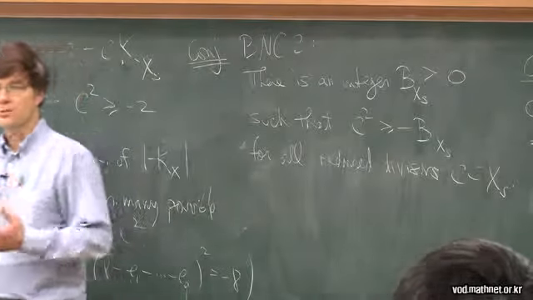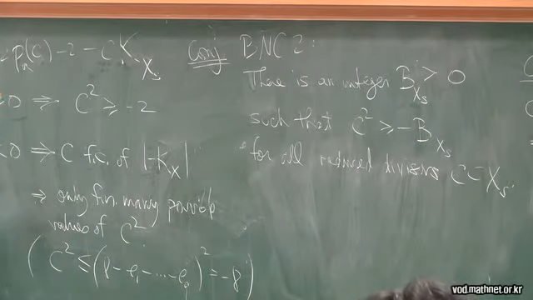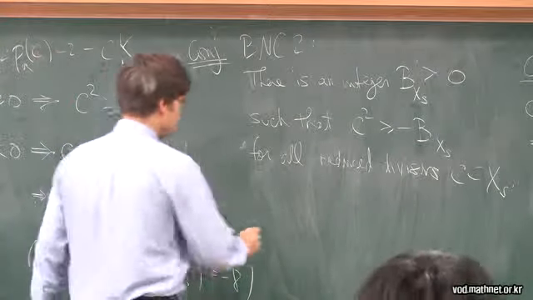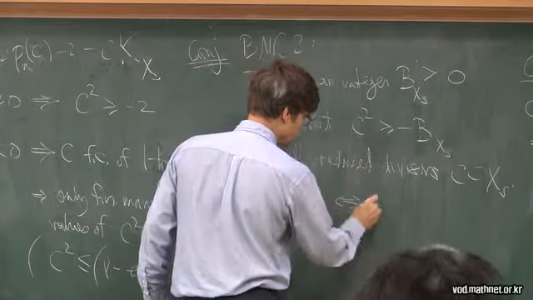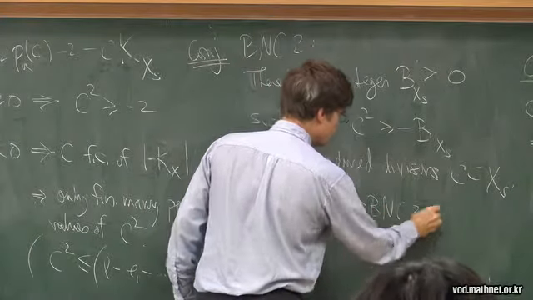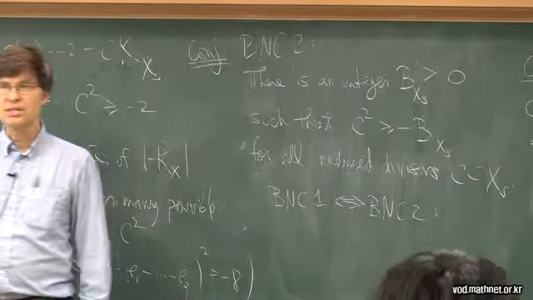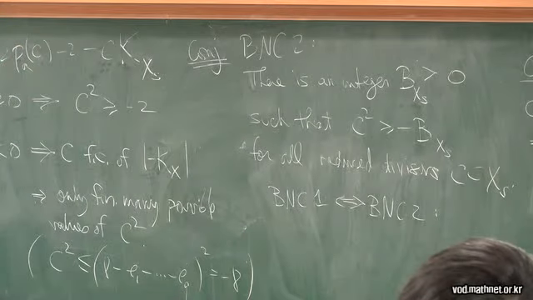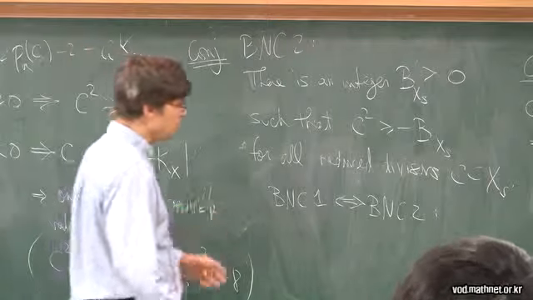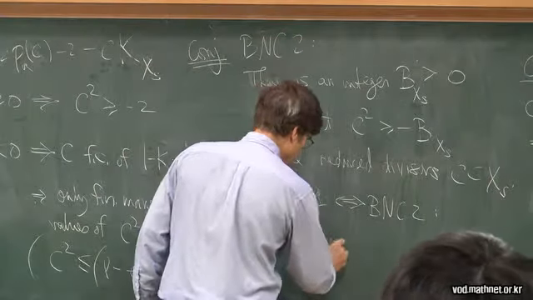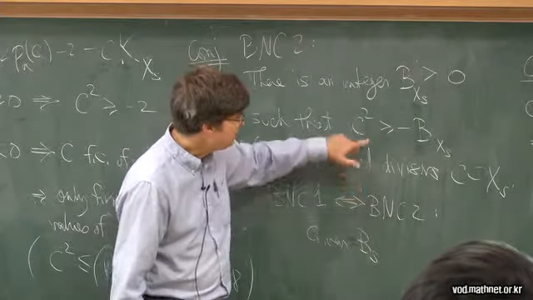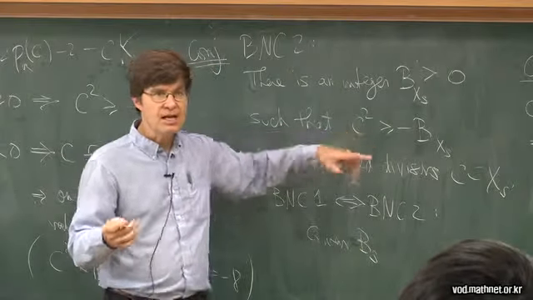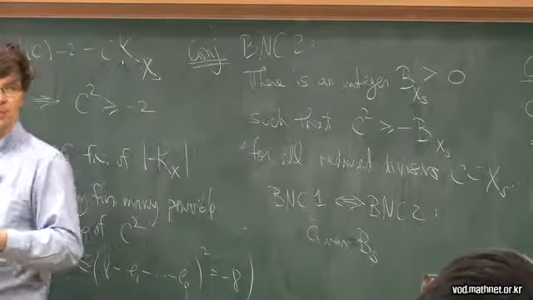So reduced curves are bounded below, and in fact these two are equivalent. The first and second conjectures are equivalent. If you can prove one, you can prove the other. So if you have a bound on the self-intersections of reduced curves, every reduced irreducible curve is among those.